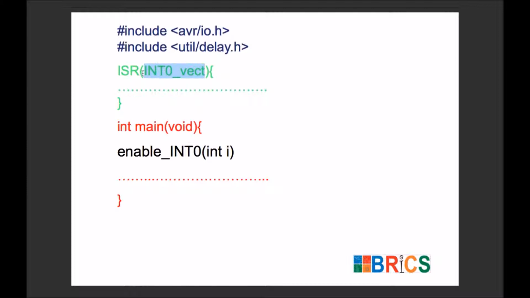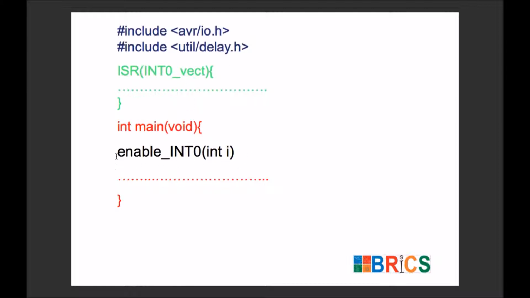It's actually case sensitive, so you need to take care of case also. Even if you make some mistake while typing this text, the compiler will not tell you anything. So be careful, just use copy paste or be careful while typing this text.